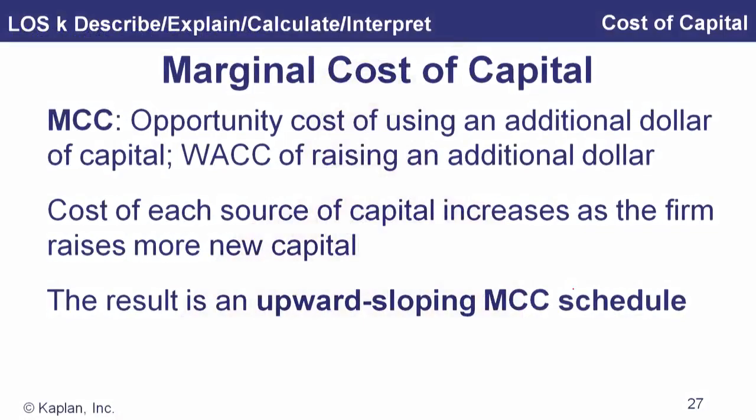The marginal cost of capital, we talked about this earlier, the opportunity cost of an additional dollar of capital. But the weighted average cost of capital is what we're looking at, so it's the cost of an additional dollar. It's the weighted average cost of an additional dollar of capital spread out across these three sources.